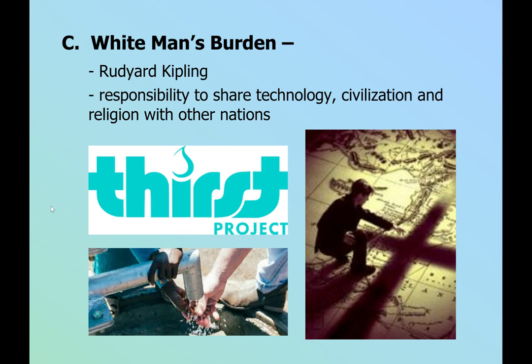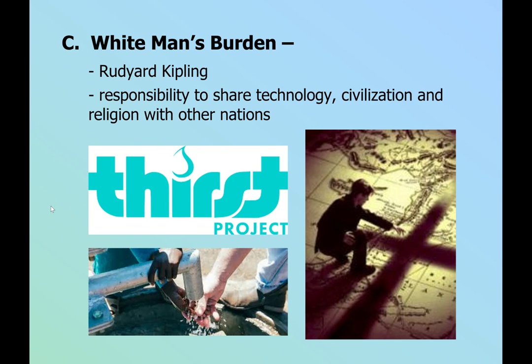Okay, the third idea, or the second idea, third motive, is called the white man's burden. This term was used by a man named Rudyard Kipling, and it refers to this felt responsibility to share technology, civilization, and religion with other nations. Okay, now, the white man's burden kind of has two sides to one coin.